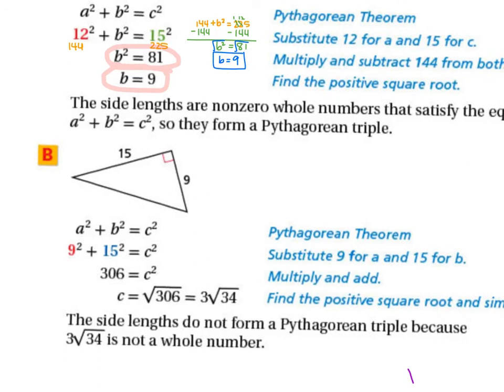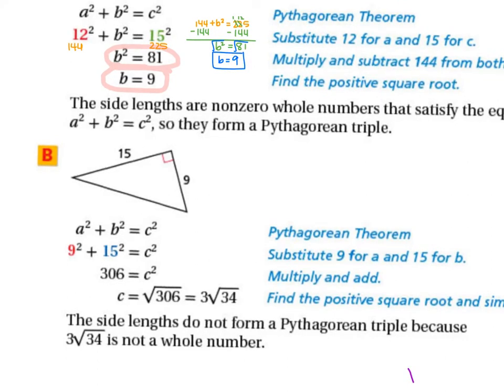If the 15 is not on the hypotenuse, like in this case, then 9 squared plus 15 squared becomes 81 plus 225, which is 306. And the square root of 306 is not 12. It would break down into your factor tree.